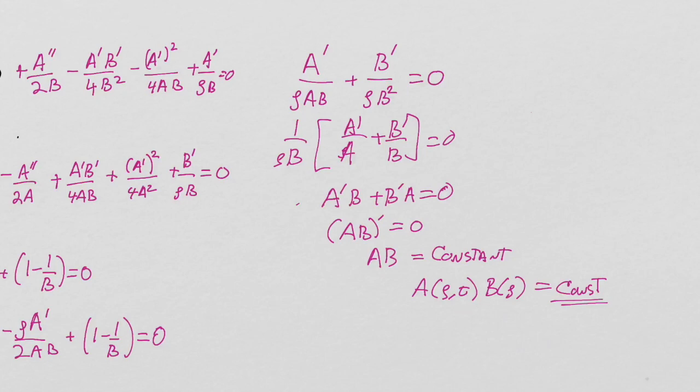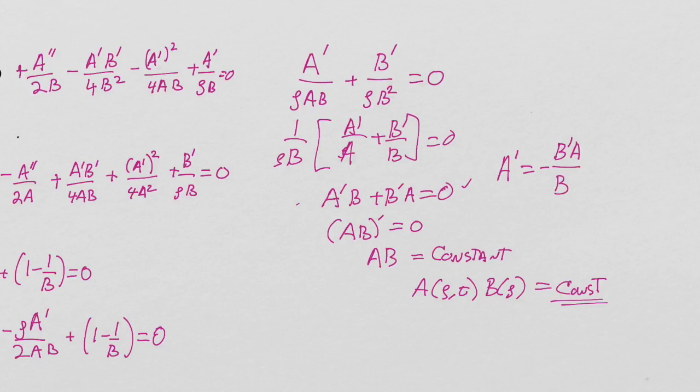So that's really interesting. Okay, so that's important. And we do learn another thing from this. We can now substitute away for a prime. So a prime is now minus b prime a over b.